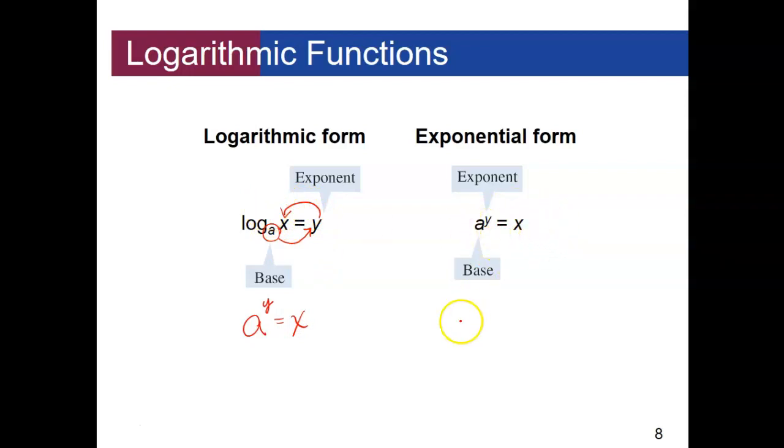When we go to put this in logarithmic form, the a is my base, so I'm going to put my exponent over here on the other side, and then the x goes here. I think it's a little harder to go from exponential to logarithmic, but it's just undoing the same thing. You can always go in that same circle and make sure it gives you back what you started with.